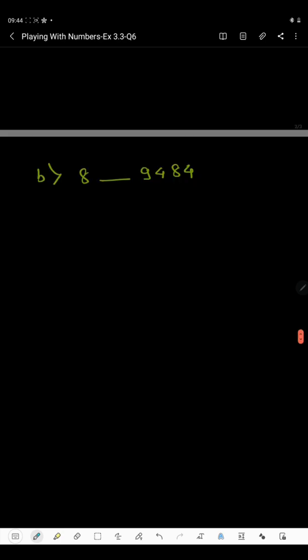Now in the next part we have 8, then blank, 9, 4, 8, 4. So again we will have to mark the positions: 1, 2, 3, 4, 5, 6. The sum of the digits at odd places: the digits at odd places are 8, 9 and 8, so 8 plus 9 plus 8: 9 plus 8 is 17, 17 plus 8 is 25.